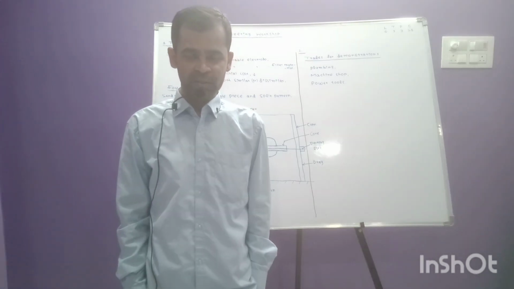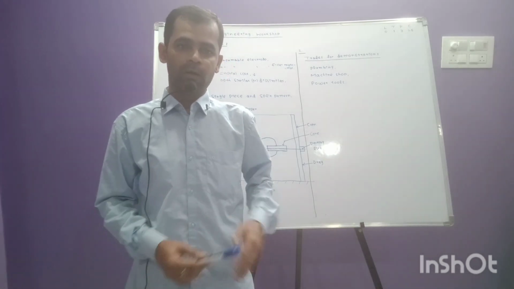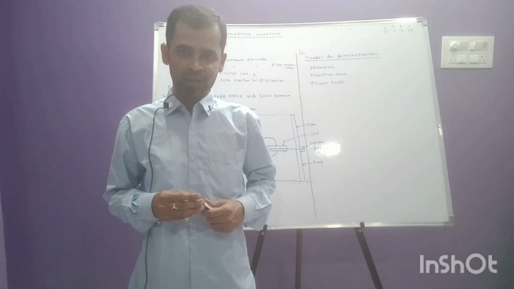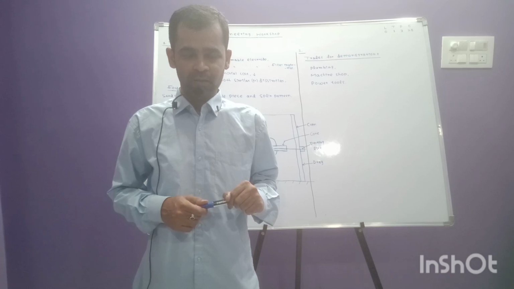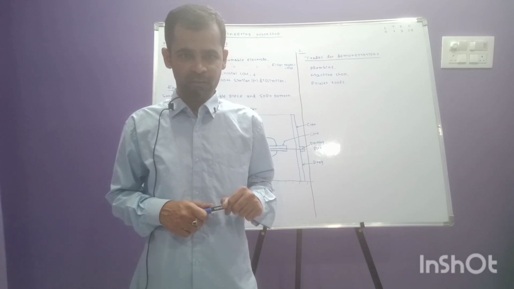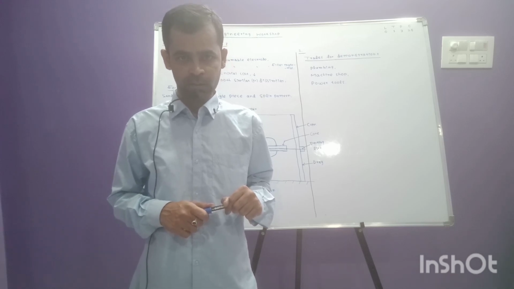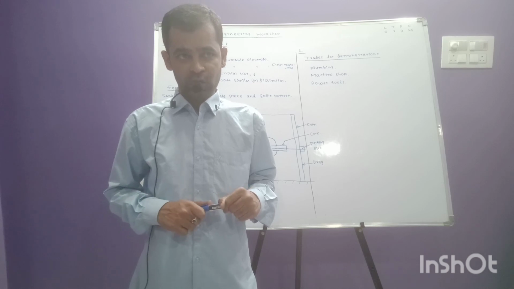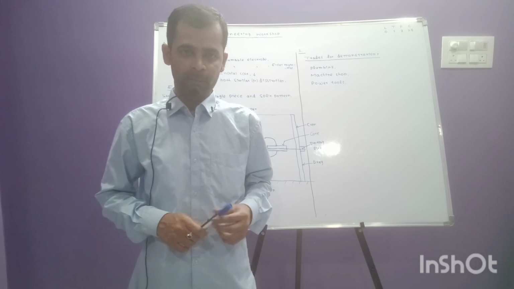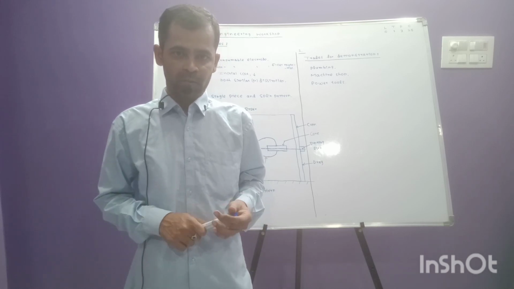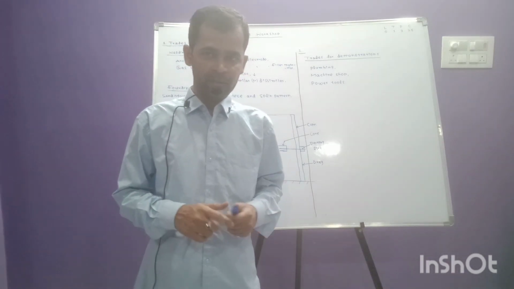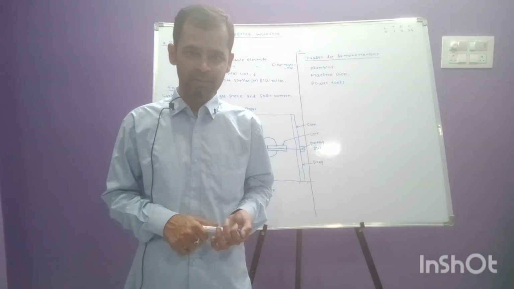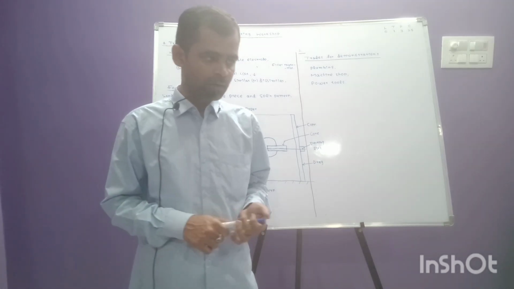In gas welding, we obtain a very good surface finish. The materials which have less thickness can be joined by the gas welding process, whereas in arc welding, the materials which have high thickness can be joined.